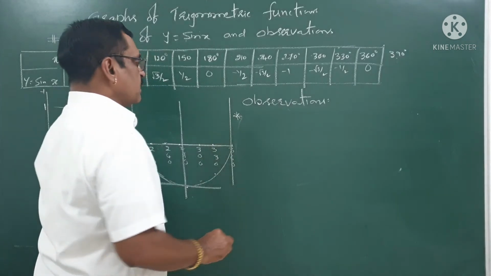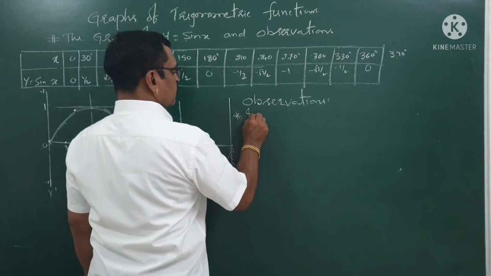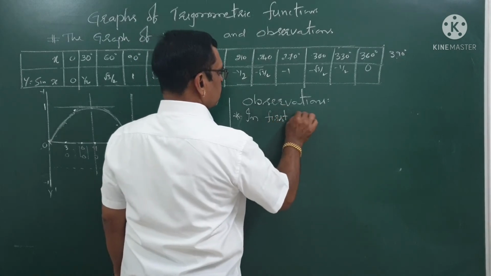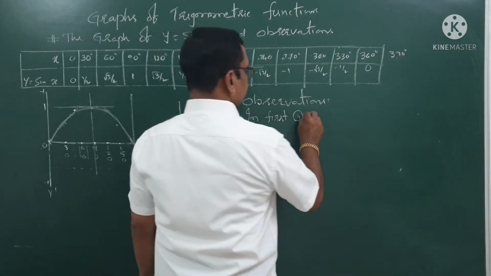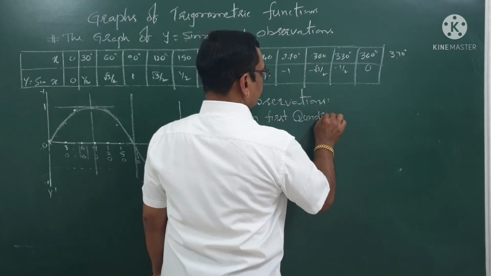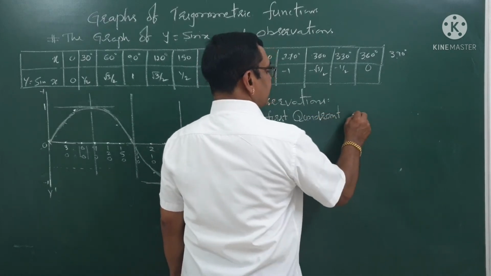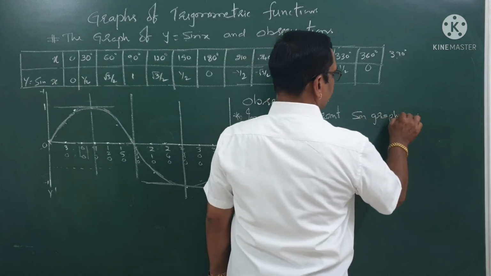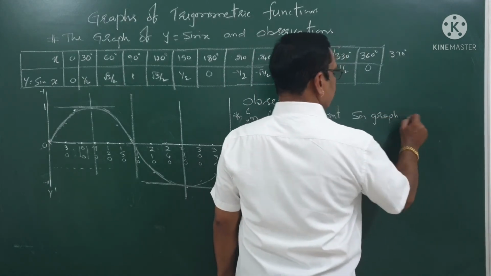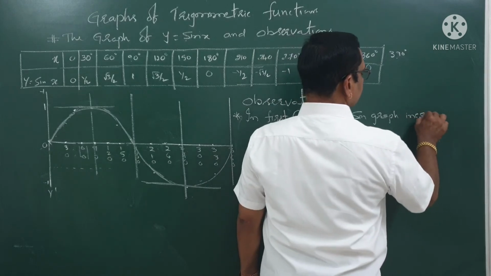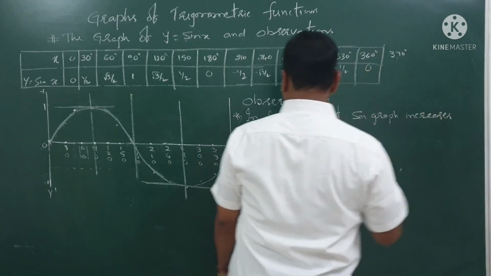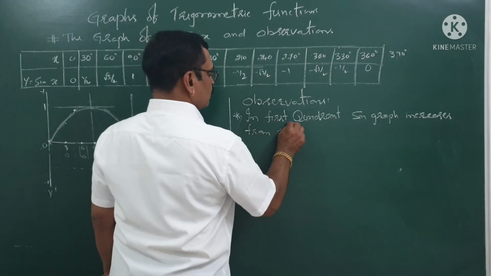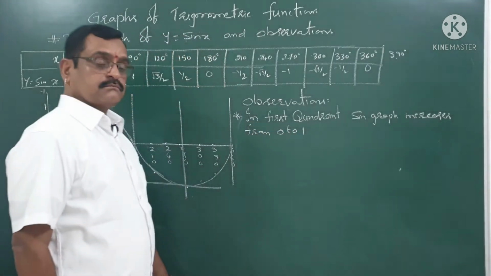Observation number one. In the first quadrant, the sine graph increases from 0 to 1.